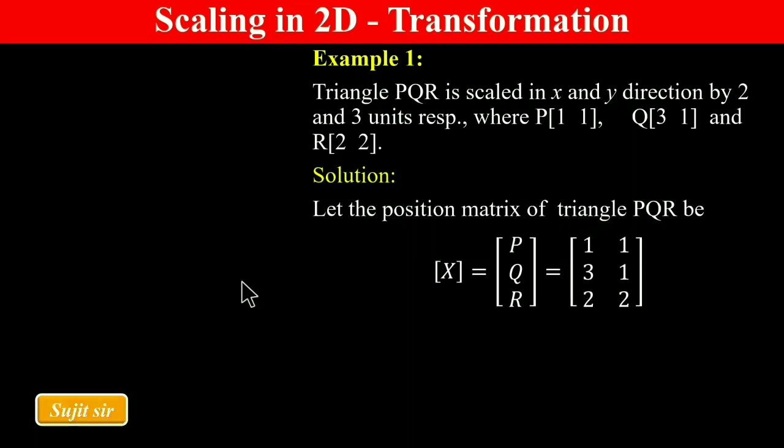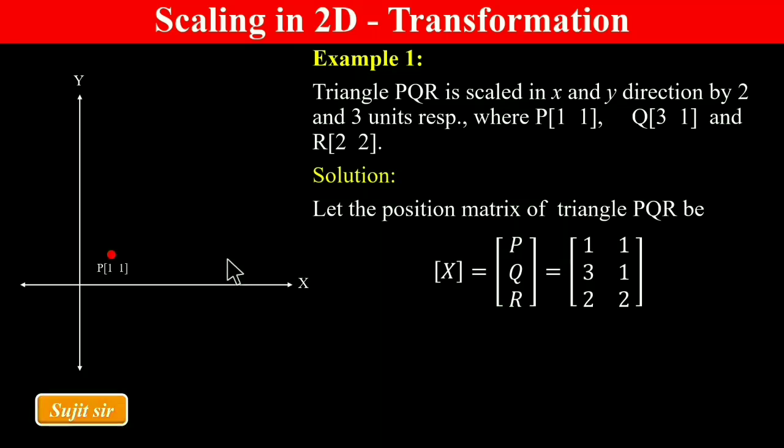Now let's see the geometrical interpretation of the triangle PQR. In the XY plane, we plot the point P 1 1, then point Q 3 1 and point R 2 2. So we get the triangle PQR on the XY plane. This is how we geometrically represent the triangle PQR.